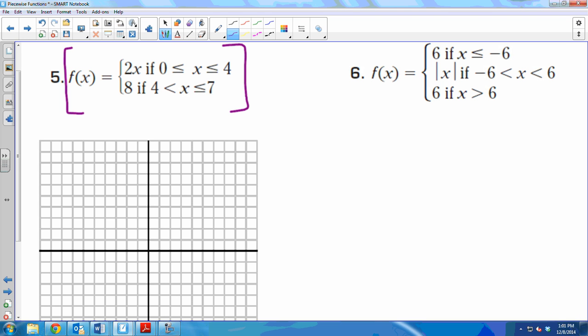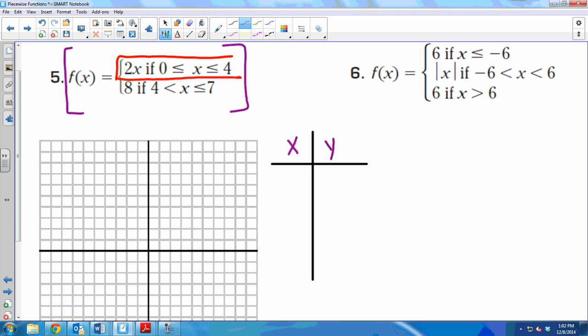I have 2 different functions on 2 different intervals. Okay? I'm going to make a table of values to make sure I can graph this. That's all I'm worried about. So, an X and Y chart, just a coordinate chart. Okay, so if you look at your 2 equations, I'm going to start with the one at the top. And it says that y equals 2x if x is between 0 and 4.